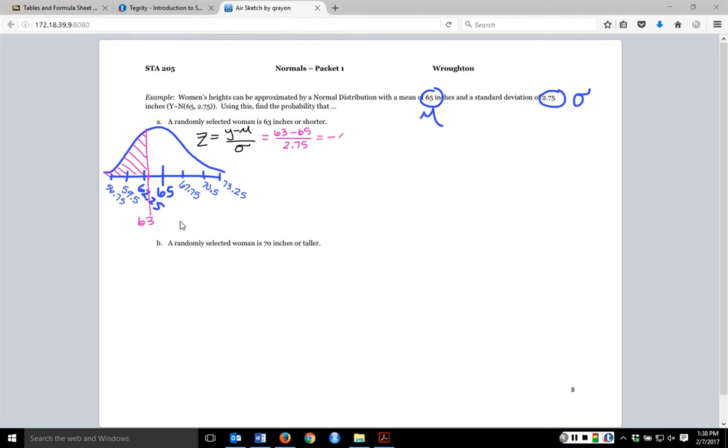And when we do that math, we get a negative 0.73. And remember, it's negative because we fall below the mean. We're not quite one standard deviation below the mean. So having these little increments on here can help us see why that z-score is what it is.